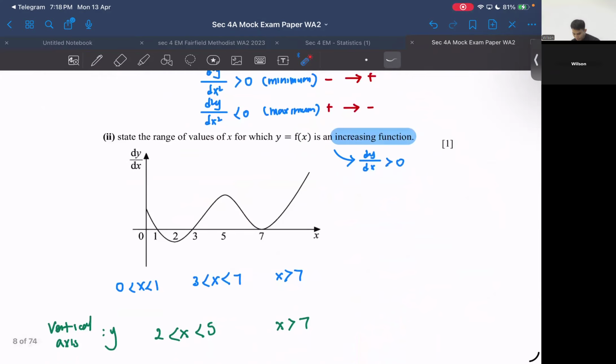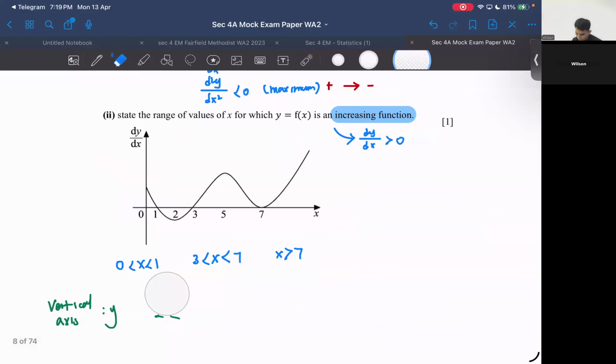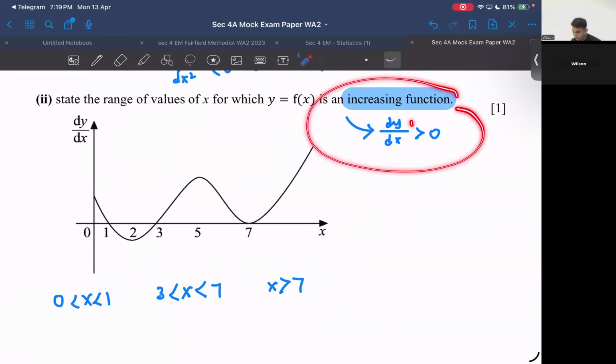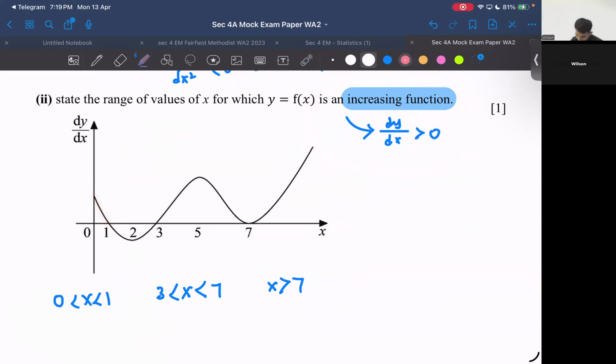Now, Part 2 over here: state the range of values for which the function is an increasing function. Now we know that dy over dx is greater than 0 over here. This portion over here is my increasing, right? dy over dx is greater than 0. Now the second one over here is this one, and then the last one over here will be this.